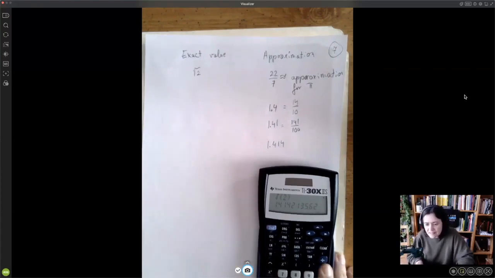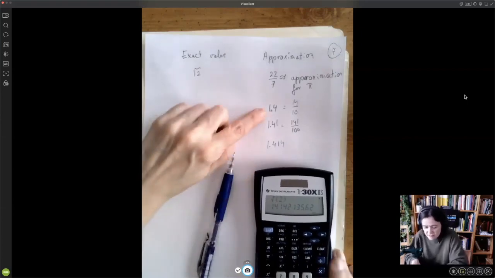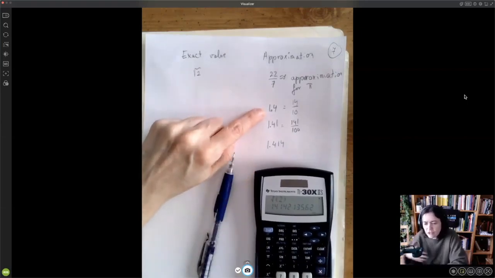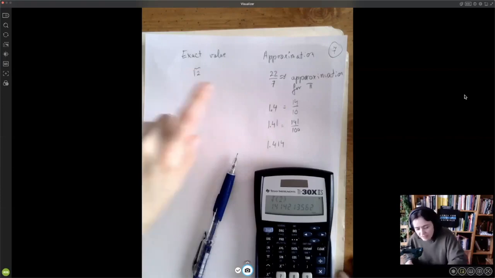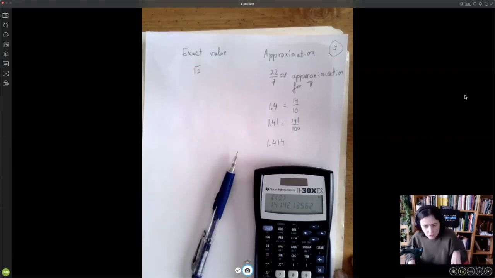If you make this decision for them and you present your answer as 1.4, we will no longer know where this is coming from. It's 14/10 for all we know, right? So if you give a decimal approximation, you don't only lose precision, you sort of lose information.